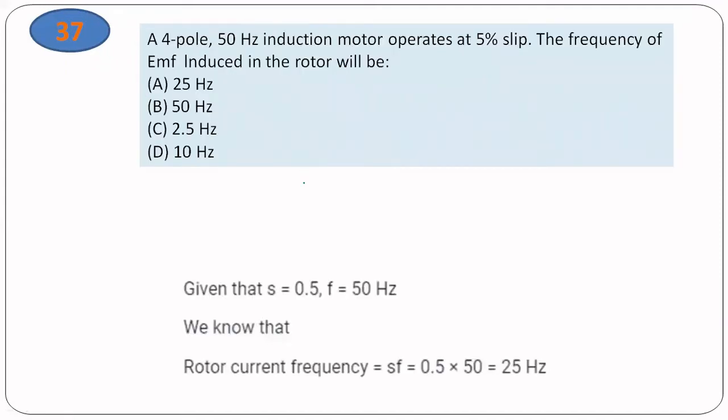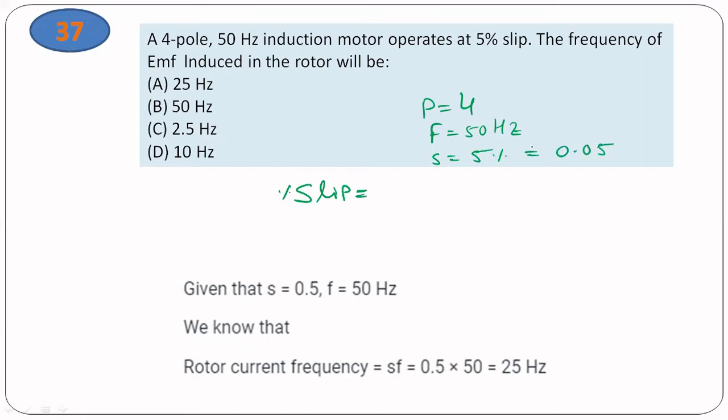Next is about the percentage slip calculation. Okay, so it says that a 4-pole, so number of poles is 4, frequency is 50 Hertz. It operates at a slip of 5%, nothing but 0.05.